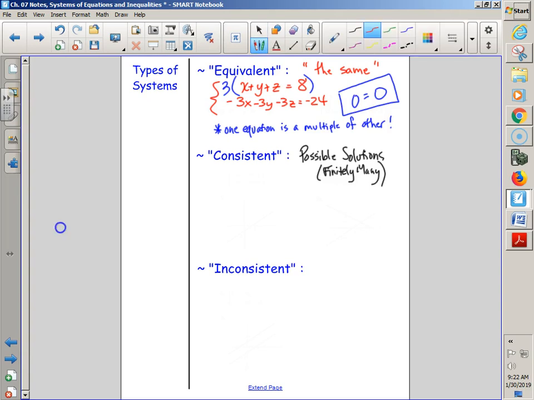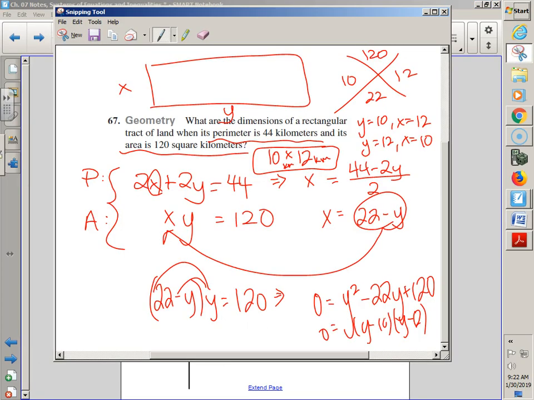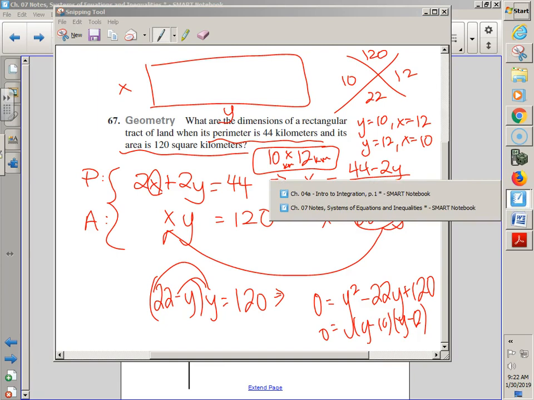So, a quick example, like the one you saw in homework.